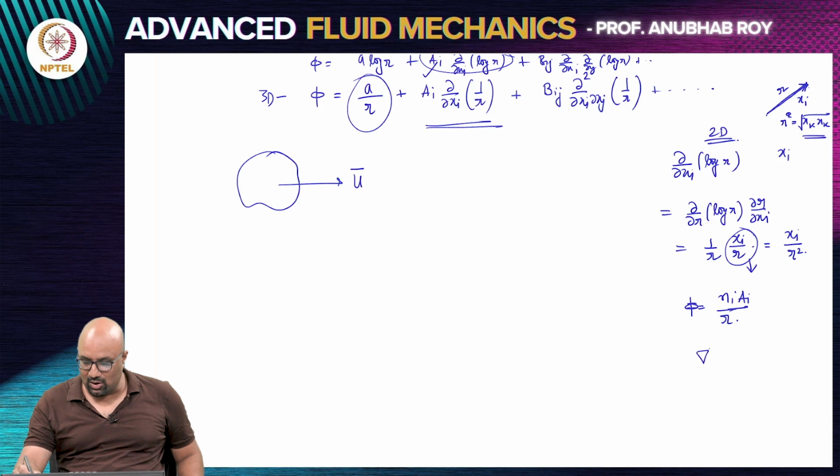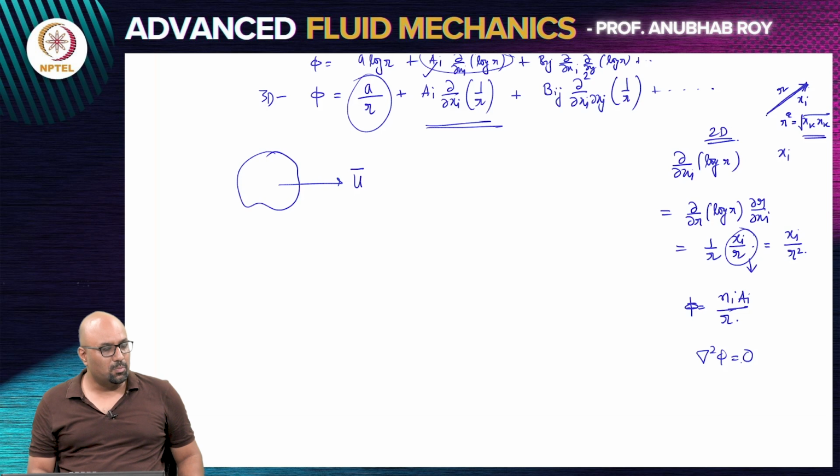You are solving a linear equation, del square phi equal to 0, which is linear in boundary condition, which means the solutions should be linear in whatever is the forcing in the problem. You have a differential equation which is linear. The boundary conditions are linear. So, if I make the cylinder move with a velocity which is twice its value, all the solutions of potential and velocity should increase by a factor of 2.